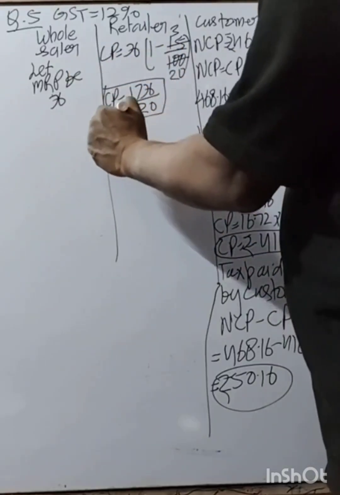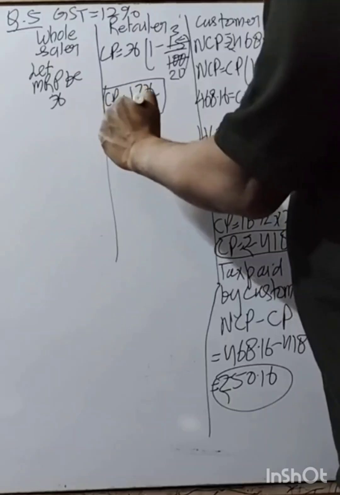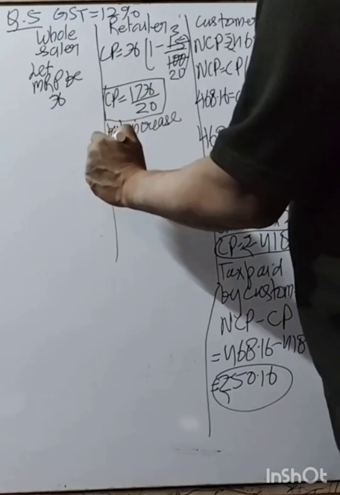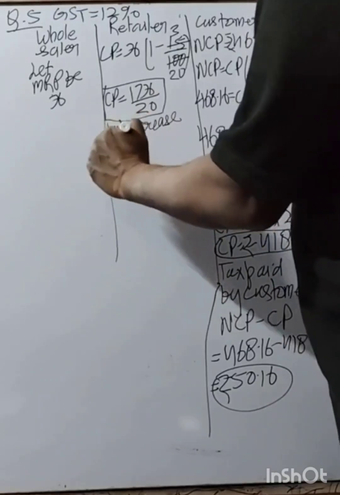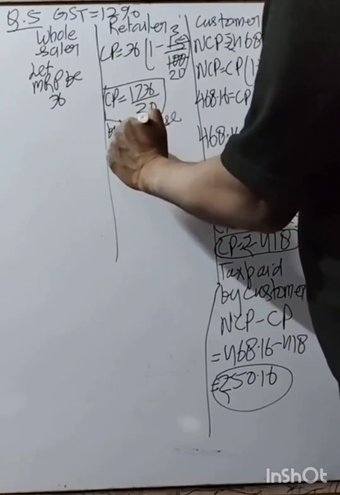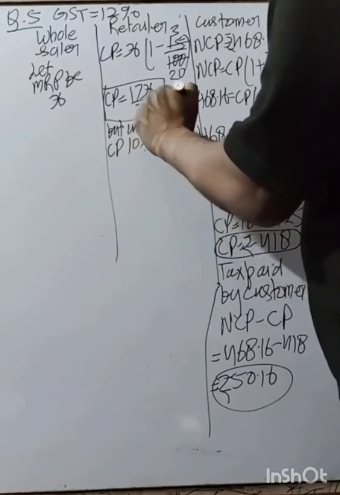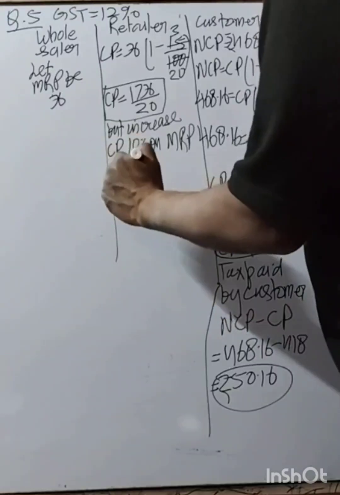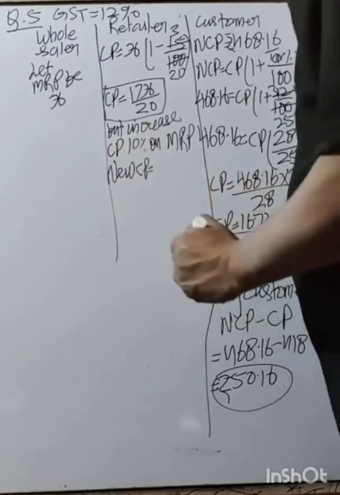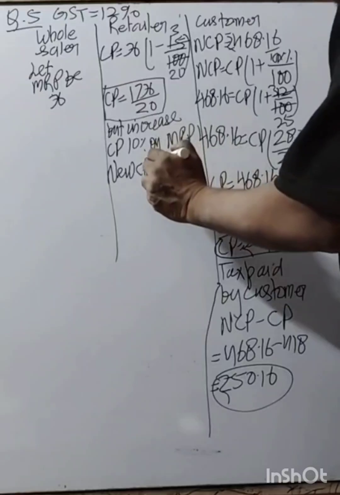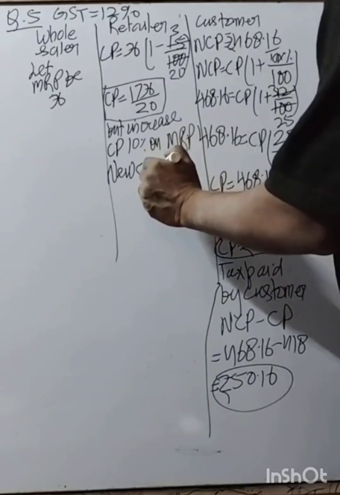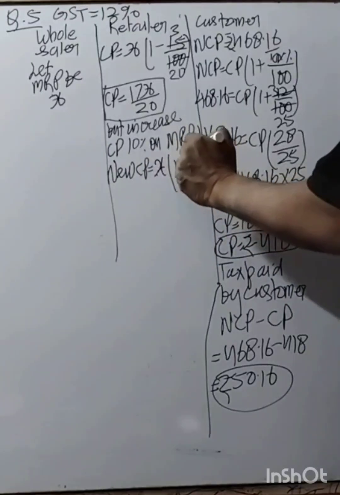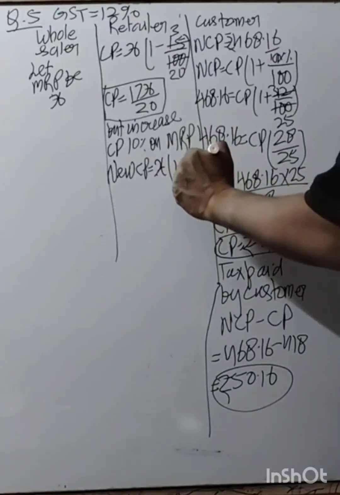But he increases the CP by 10% on MRP. So the new CP is equal to x times bracket 1 plus 10 upon 100.